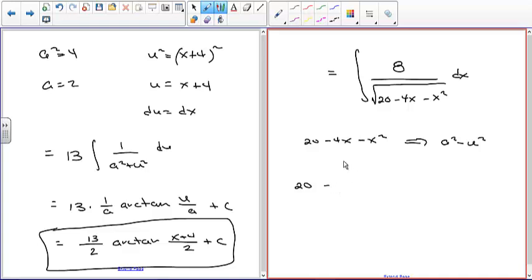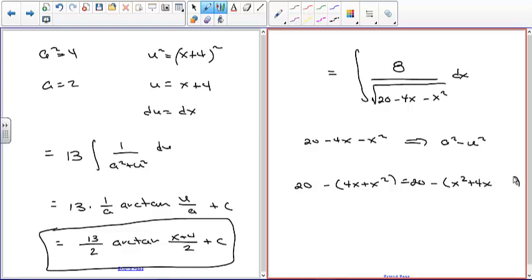If I factor out the negative sign for these two terms, I'll have 4x plus x squared. So negative 1 factored out gives me that. And then I would change the order just because it fits with what I had before. So I'll have negative the quantity x squared plus 4x.